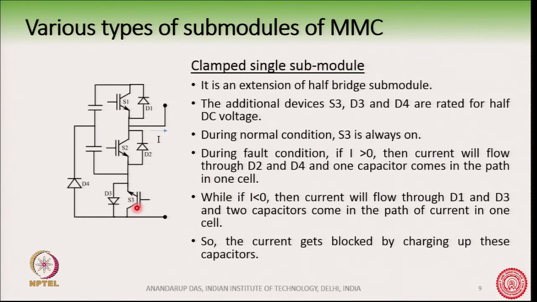Now, during normal operating condition, this switch S3 is always turned on. So, this point is connected to here, and so there is absolutely a half bridge operation of this converter.